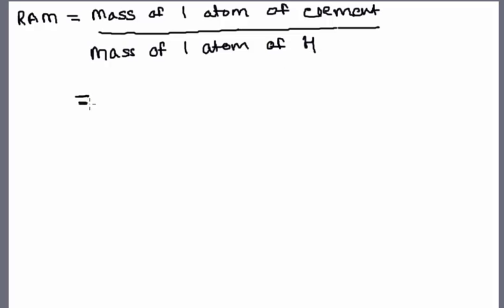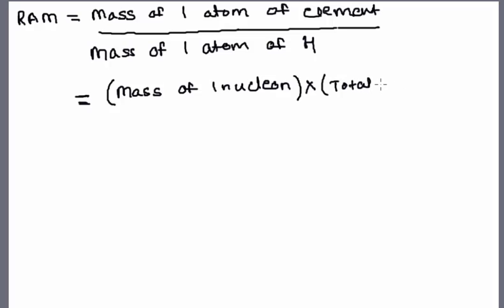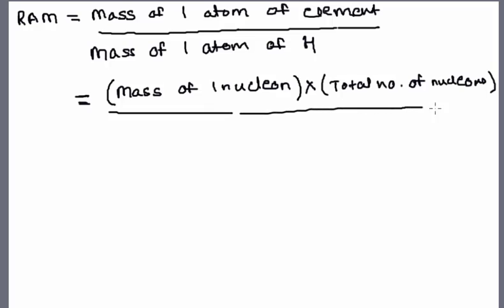Now the mass of one atom of the element can be written as the mass of one nucleon, because we had ignored the mass of electrons, remember, so I'm just focusing on the nucleons. It can be written as the mass of one nucleon into the total number of nucleons upon the mass of one atom of hydrogen.